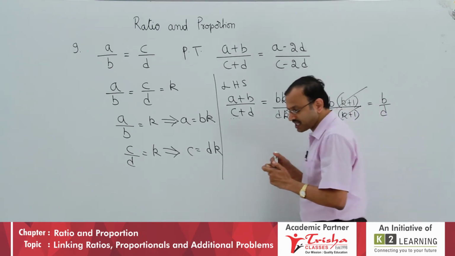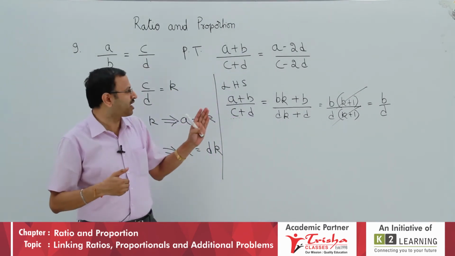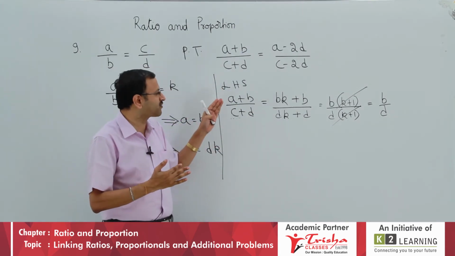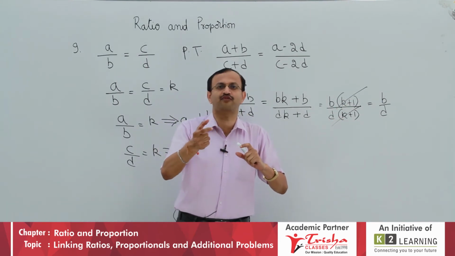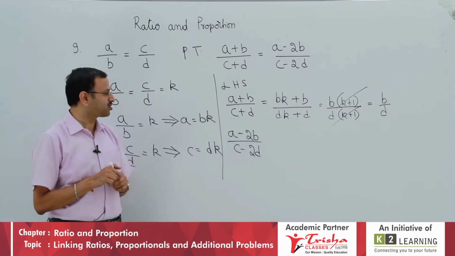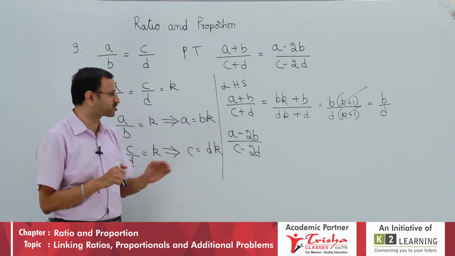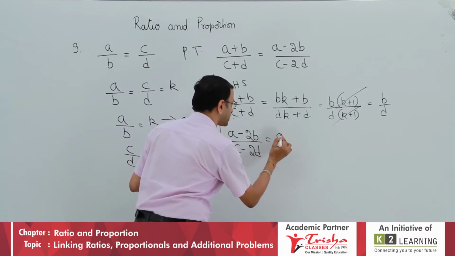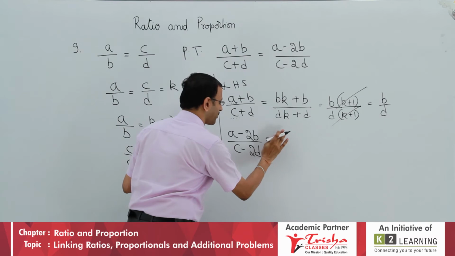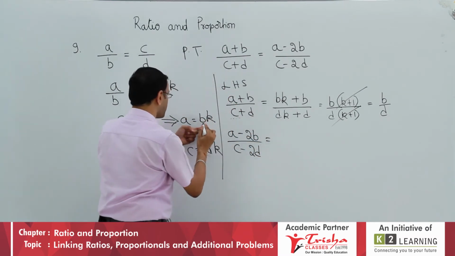Now, the left hand side we have taken. Students, isn't it that we now have to show they are the same? We didn't prove anything yet. If you simplify the left hand side, you will get B by D. If we get the same on the right hand side also, we can conclude. So we take the right hand side which is nothing but A minus 2B by C minus 2D. A minus 2B. So student, can we substitute the value of A? What is A? A is nothing but BK.